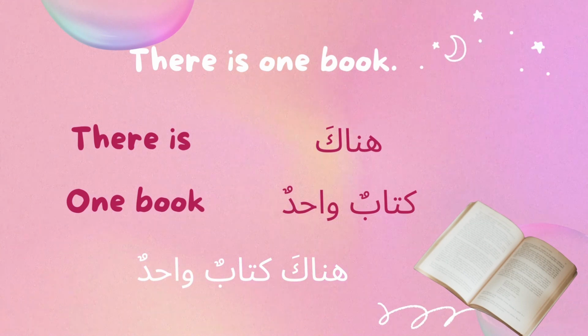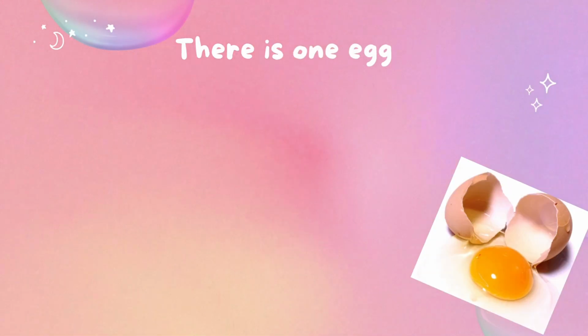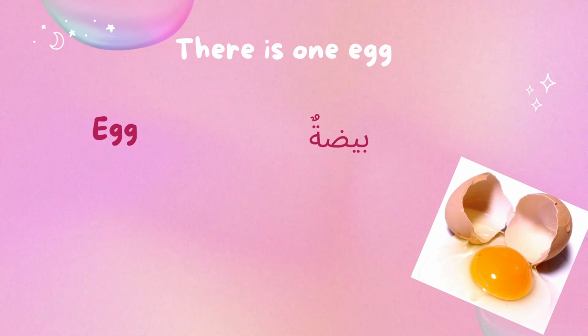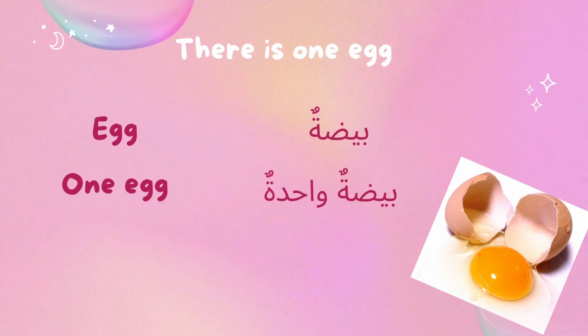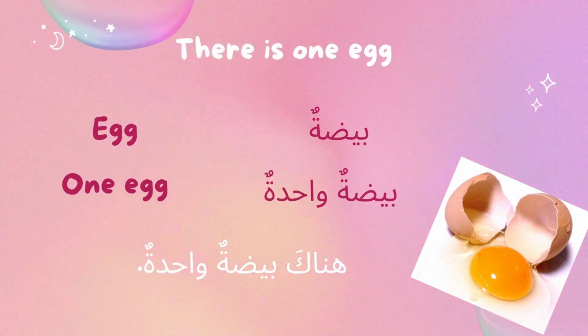Let's do another example with an egg. Egg is بيضة. One egg. بيضة واحدة. To say there is one egg, you say هناك بيضة واحدة.